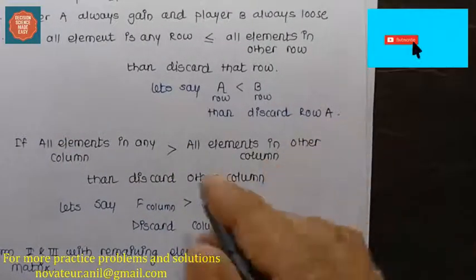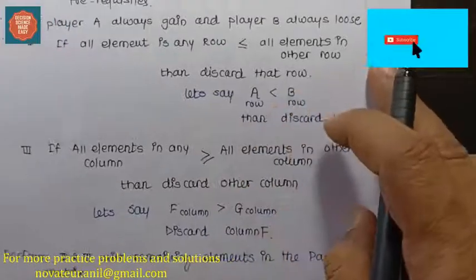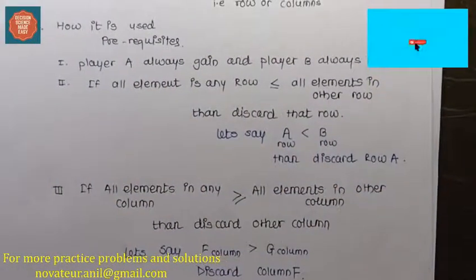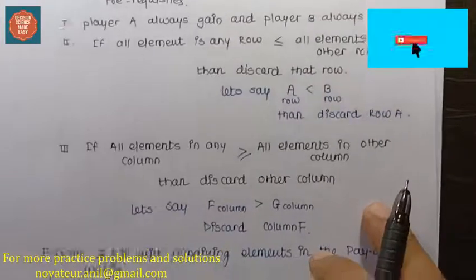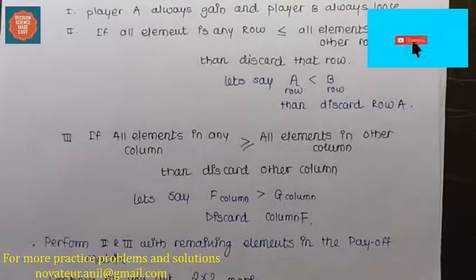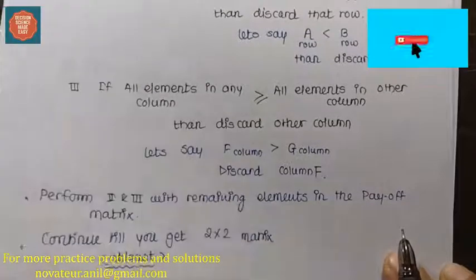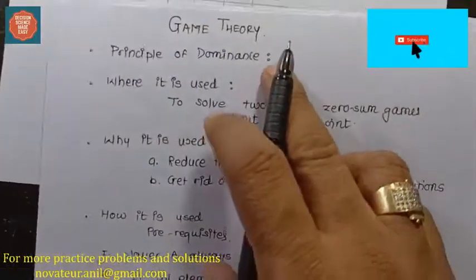If it is less than or equal to the considered row, let us discard the previous row, and vice versa is done in the column, and we'll continue this till the time we get a 2 by 2 matrix. So this is how we solve a game theory problem with the rule of dominance.